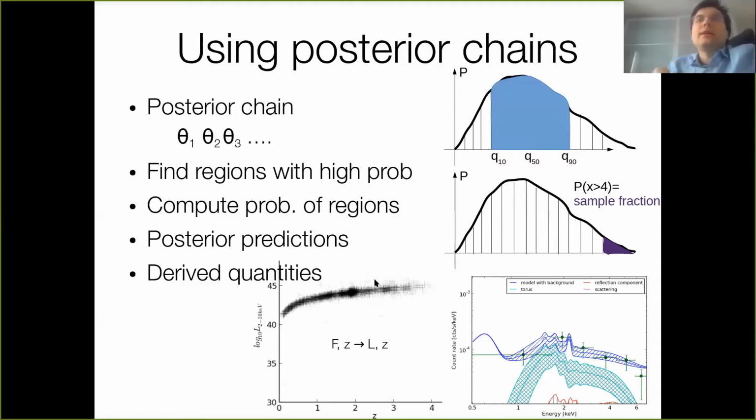And so you can make some further computations propagating that uncertainty. You see a model plotted with the uncertainties. And here you see posterior values of luminosity that were derived from parameter values. So here I used fluxes and redshifts and computed luminosities and redshift.